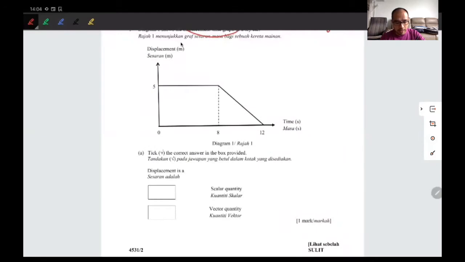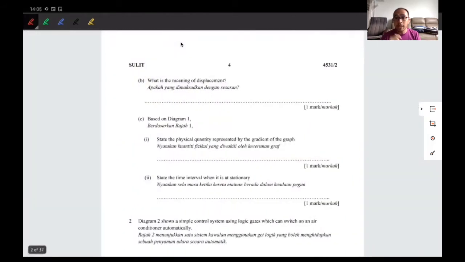So, tick the correct answer in the box provided. Displacement is a vector quantity. What is the counterpart to displacement, which is a scalar quantity? It is distance. Since we're talking about displacement, the direction is very important. So what is the meaning of displacement?